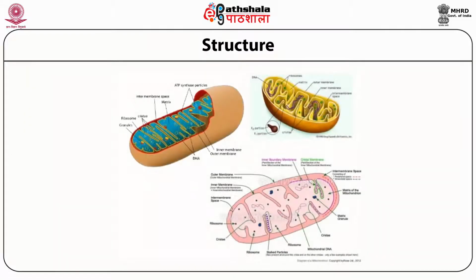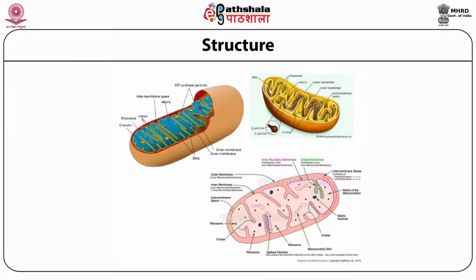The structure of mitochondria. Mitochondria are large enough to be seen under a light microscope, but the detailed structure can be viewed only with an electron microscope. High-resolution electron micrographs suggest that the mitochondrion contains two membranes, the outer and the inner membranes.